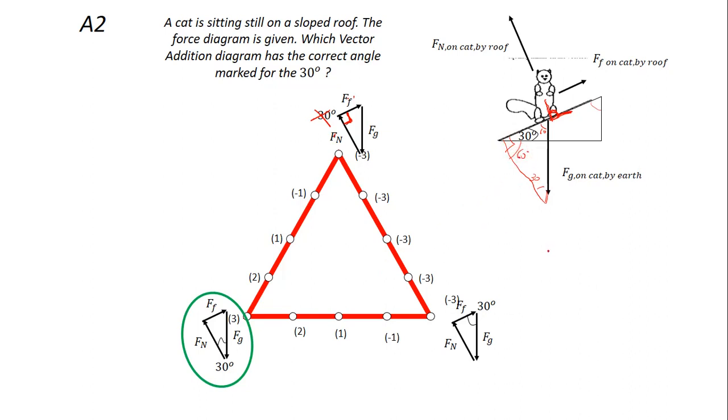The cheat's way I use, this is the real cheaty way. I say, what if this was extreme? What if this was really not a very big angle? And when I draw my normal force, it's hardly on an angle at all. My gravity force is straight down and I've got a tiny little friction force up here. When I go to draw my vector addition diagram, this one's hardly on an angle, and then this one goes up like that. This angle, let's say I'll just make it up, 4 degrees or something.